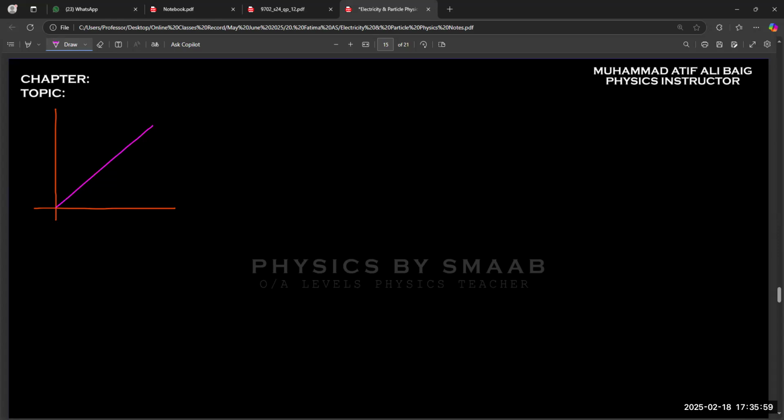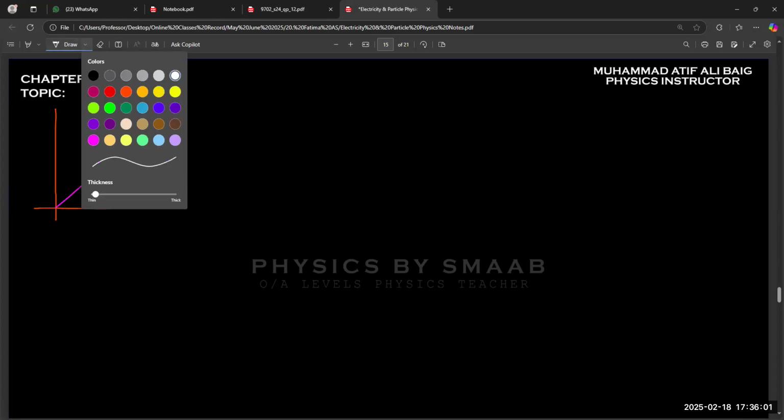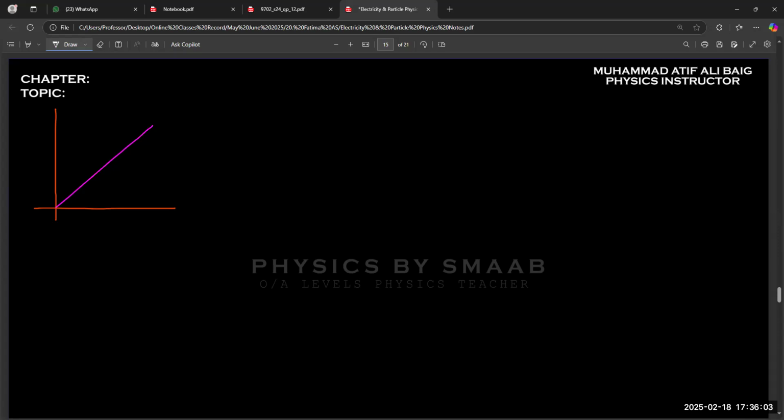So this is a directly proportional line between force and extension. So this is the first type of graphical representation.